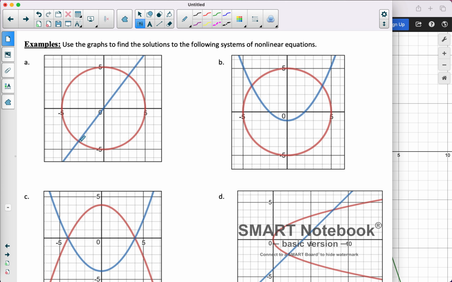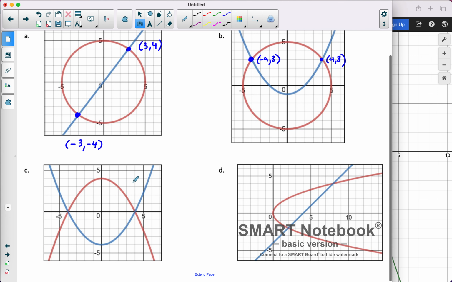All right, so we had a solution here, this intersection point at -3, -4. And then we have another solution up here at +3, +4. Part B has a solution at -4, 3. And then another one here at +4, 3.